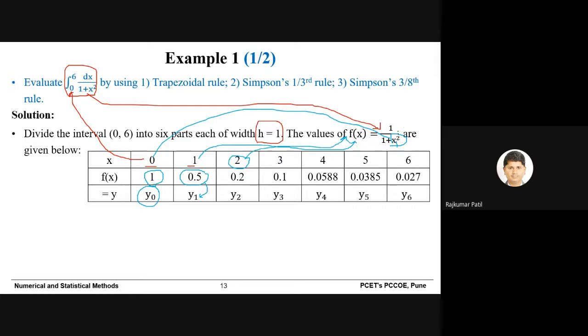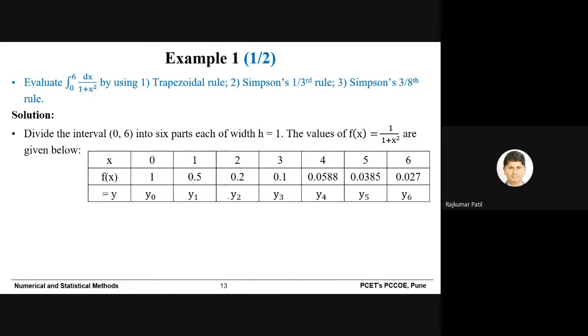So the equation will become 1 upon 1 plus 2 square, and upon simplification you will get f of x equal to 0.2, which will be assigned to y2. This is how we calculate f of x3, f of x4, f of x5 and f of x6, and they are assigned to y3, y4, y5 and y6.